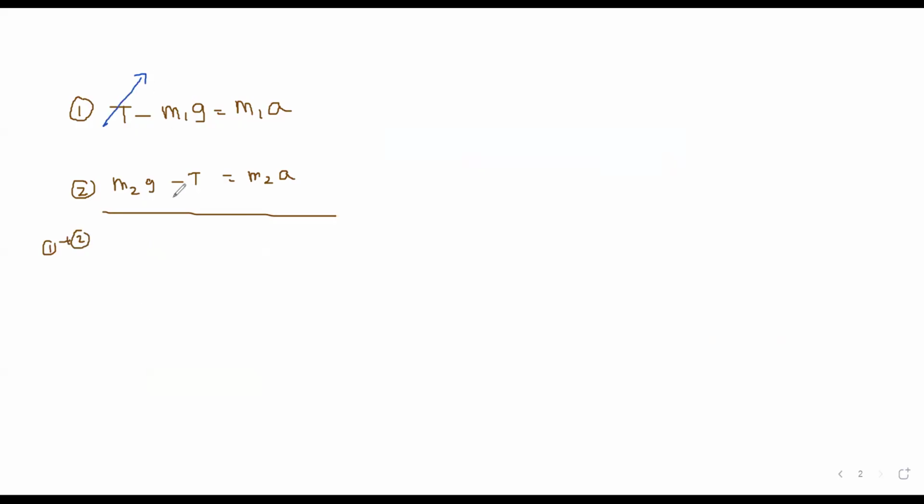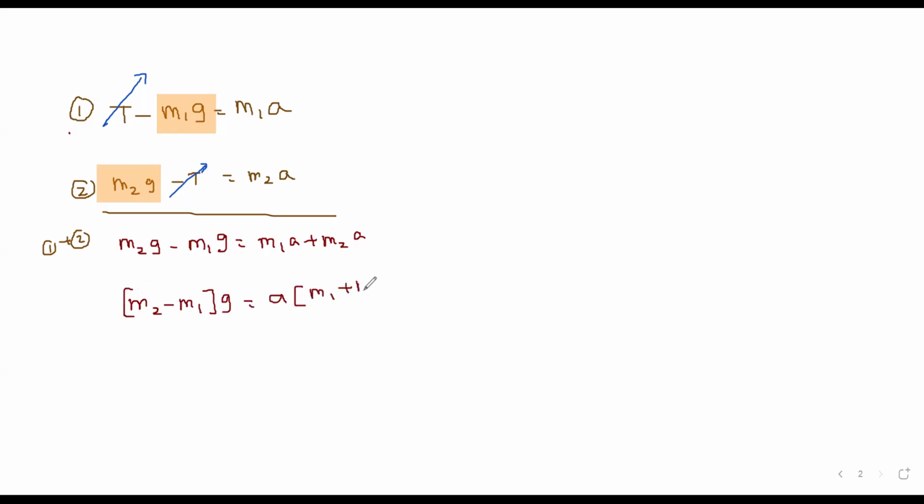So plus T minus T cancels out, and we get only these two: M2G minus M1G equals M1A plus M2A. Here which is common? G is common. M2 minus M1 of G equals A common, M1 plus M2. So A is equal to M2 minus M1 of G by M2 plus M1.